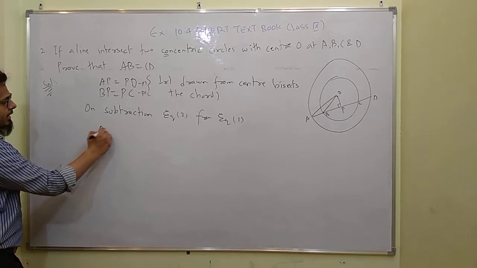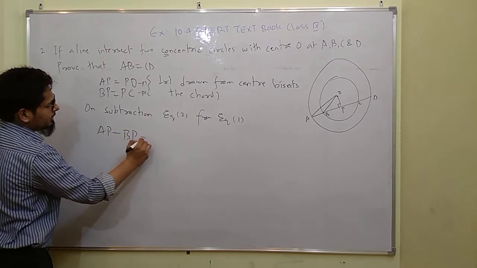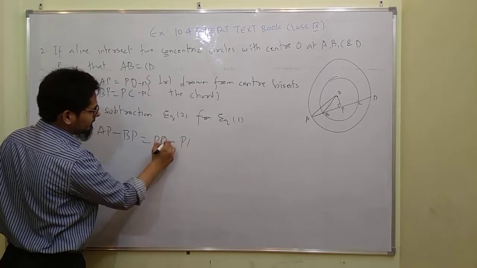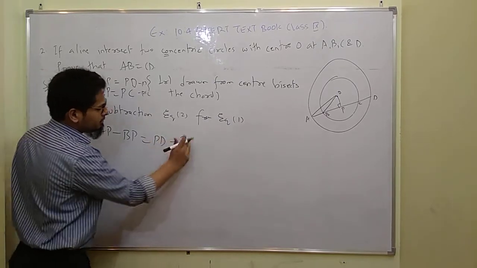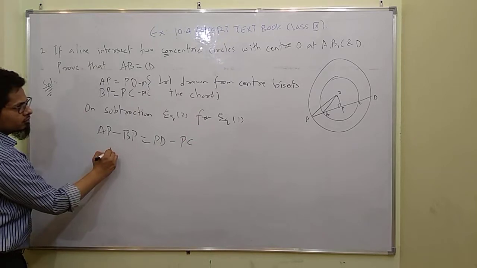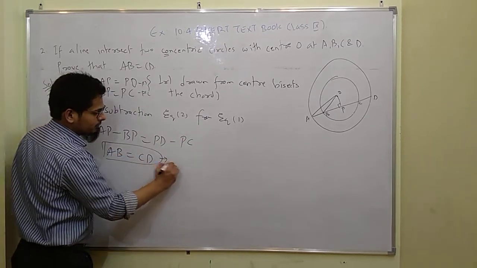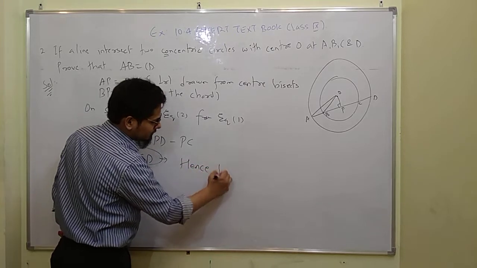So it is AP minus BP is equal to PD minus PC. Now we have AB is equal to CD, right? Hence proved.